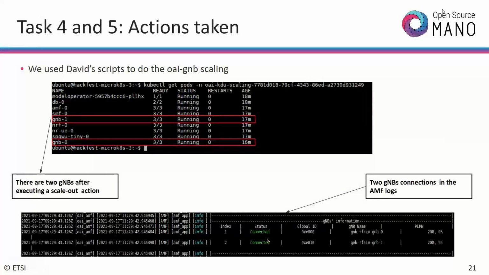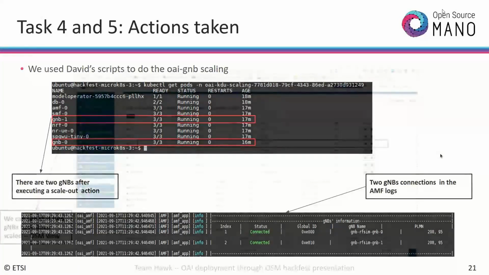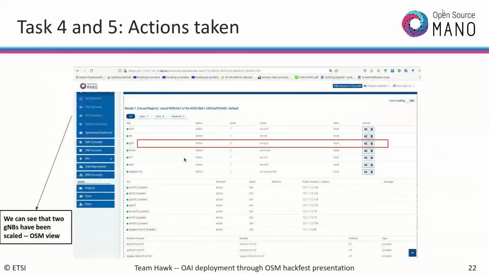In the image below, you can see the AMF log, and there are 2 gNBs which are now connected. We also took a snapshot of the OSM operational dashboard of the network service, and you can see that we have 2 instances of gNB running, gNB0 and gNB1.